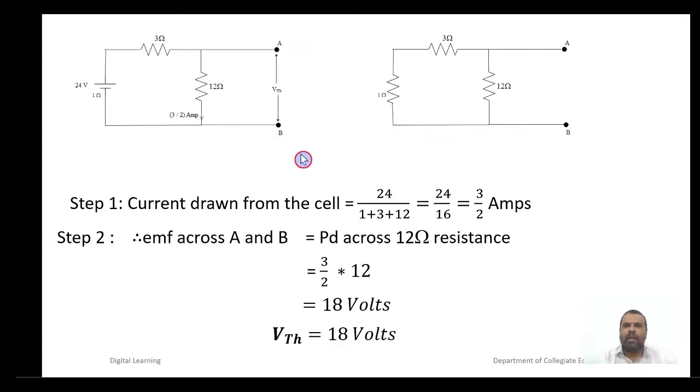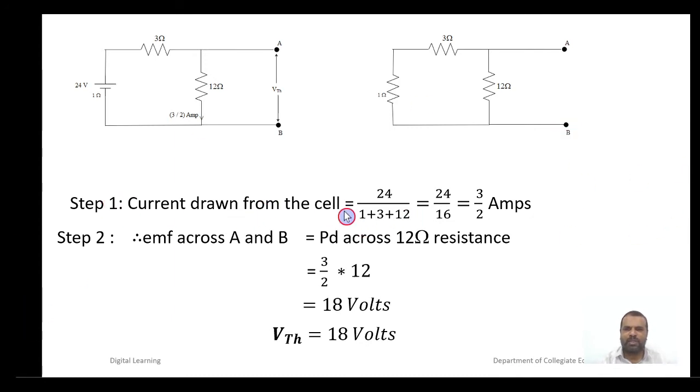Now remove the load resistance and measure the Thevenin's voltage across the terminals A and B. After that, replace the EMF with its internal resistance r and measure the resistance across the terminals A and B. Step 1.